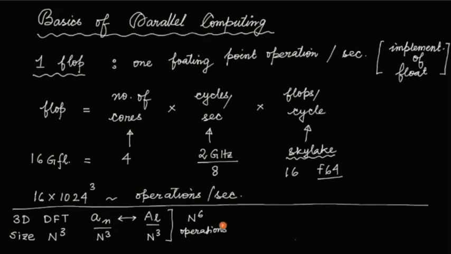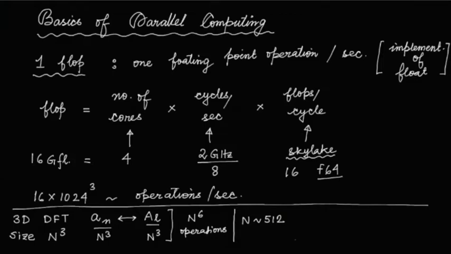Okay. Now, if I take n to be say 512, and you calculate how much time it will take to do this 3D DFT with a machine which has 16 gigaflops.